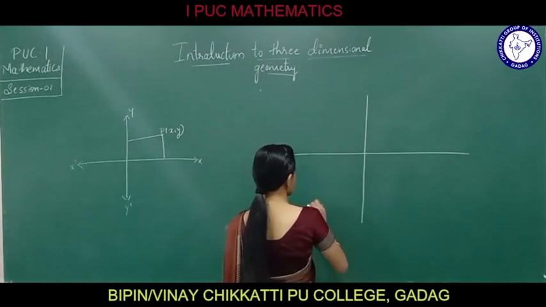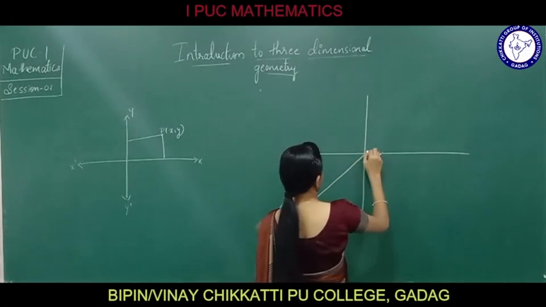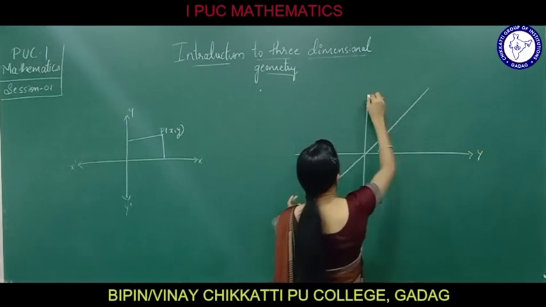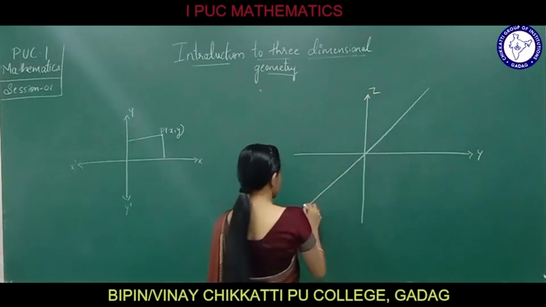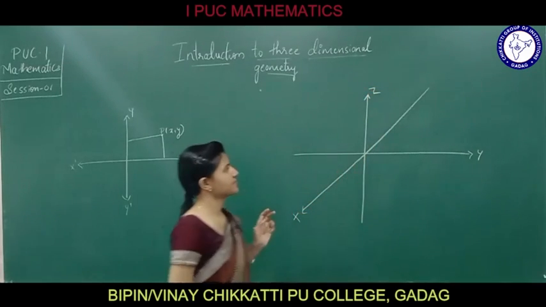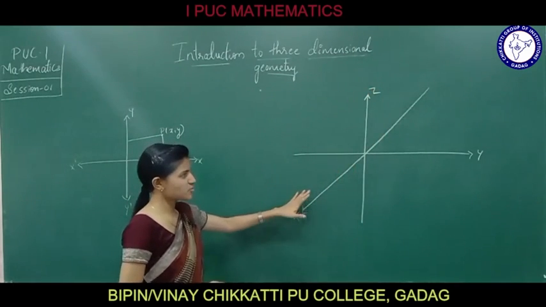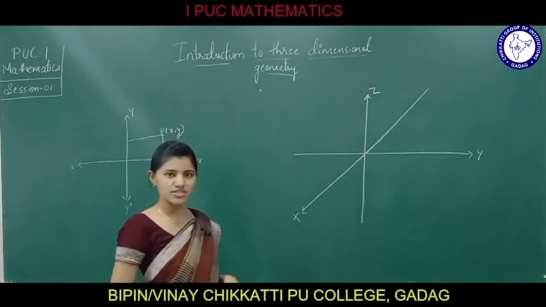Here we are going to consider three coordinates: x, y and z. These are the positive coordinates, that is x is positive, y is positive and z is positive.